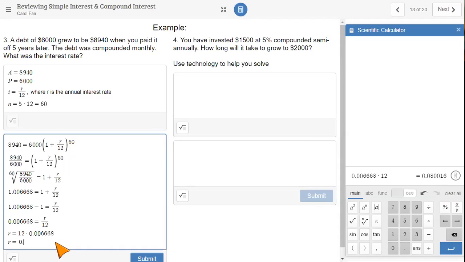And our rate is 0.080016, let's leave it at that. So the rate was 8% per year, compounded monthly.